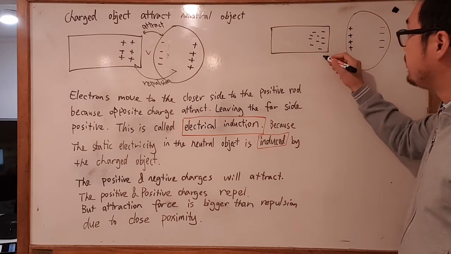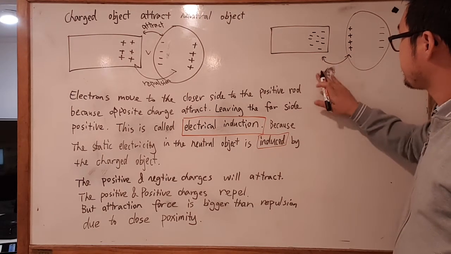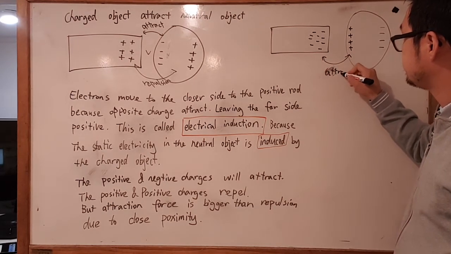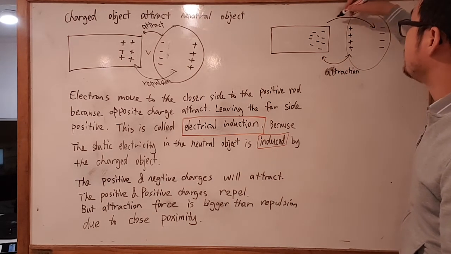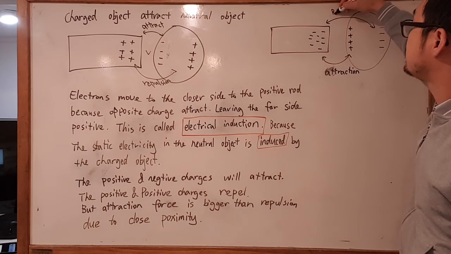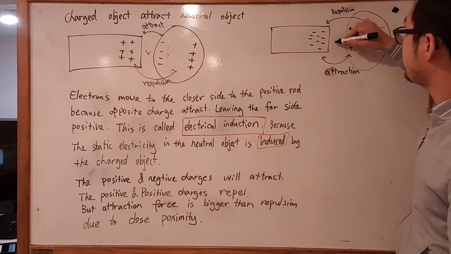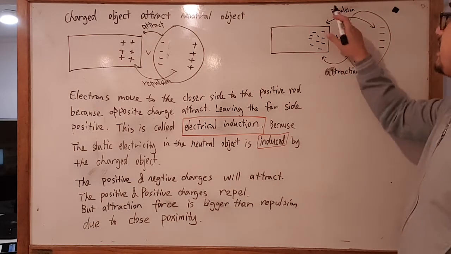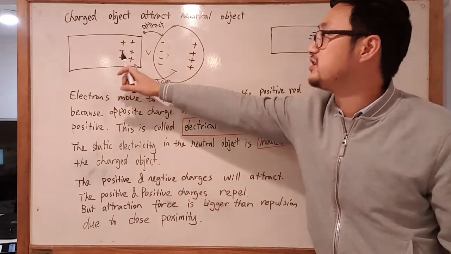So now there is attraction. And this attraction will be bigger than the repulsion, and that's why it's going to attract as well. So it doesn't matter if it's positive or negative.